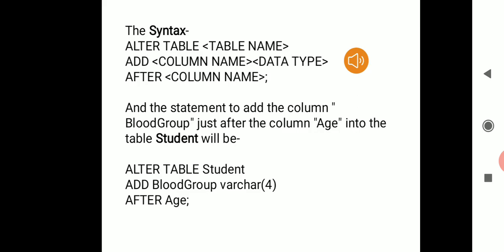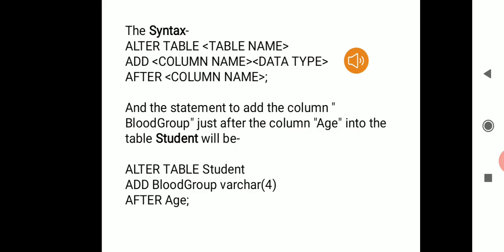Here the words blood group are for the column name and varchar4 is for the data type in the syntax above. Then again come to the next line, after age. Here the word age is for the column name in the syntax above.